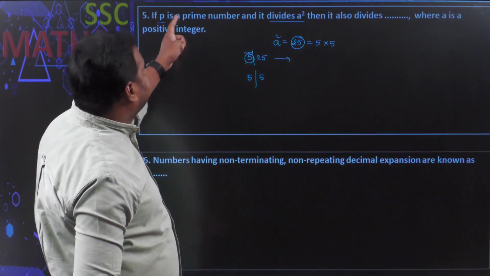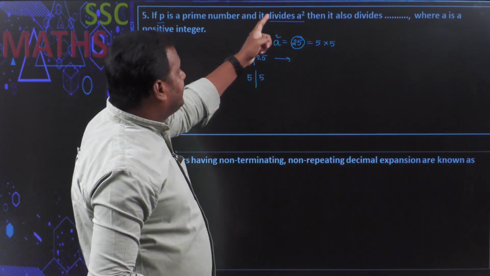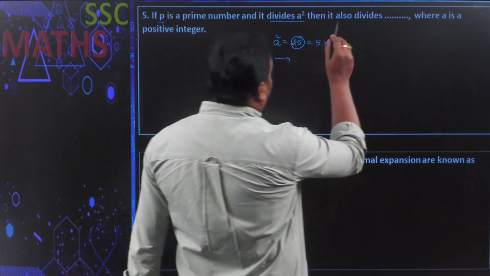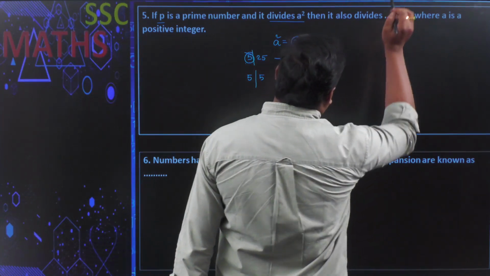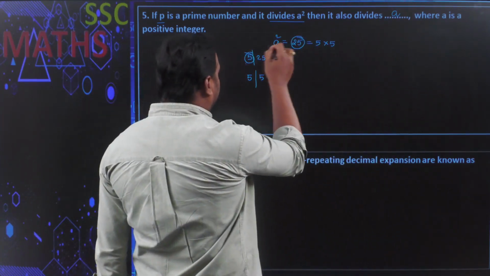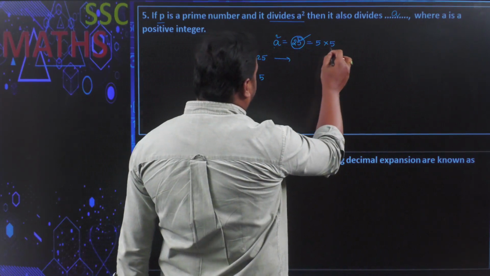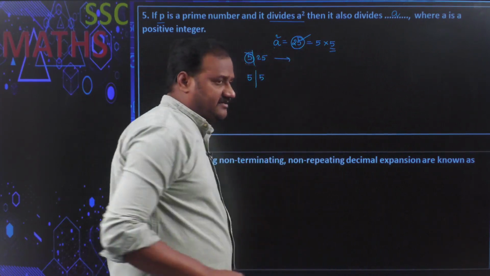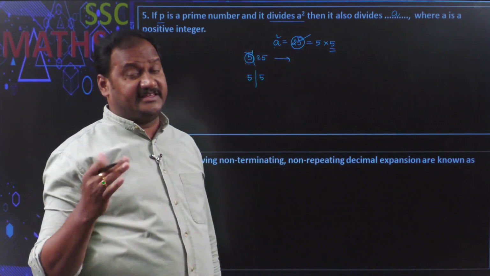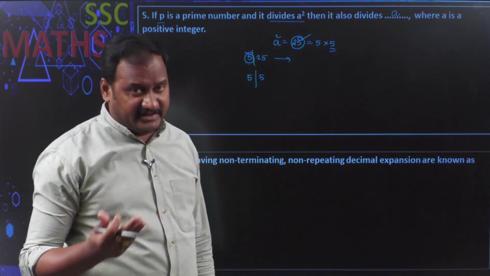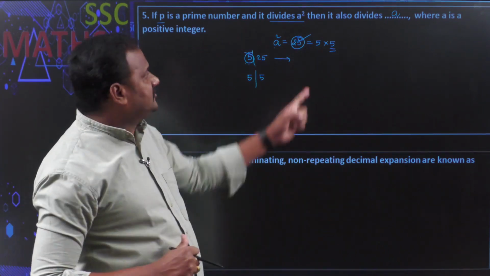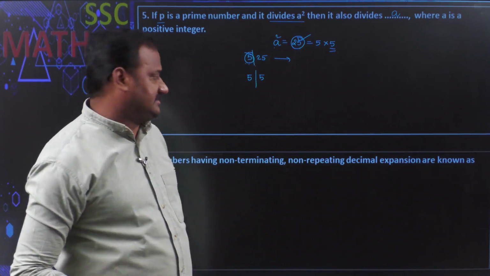Therefore, if P is a prime number and it divides A square, then it also divides A, because 25 is divisible by 5, and the square root of 25, which is 5, is also divisible by 5. So when A square is divisible by P, then A would also be divisible by P. That is the answer.